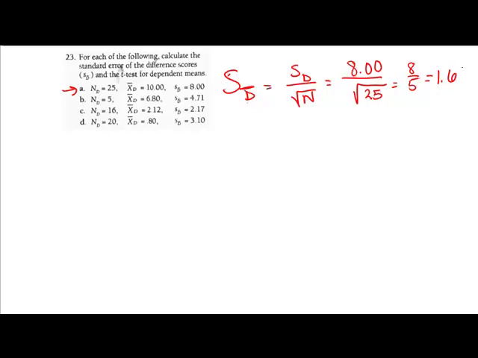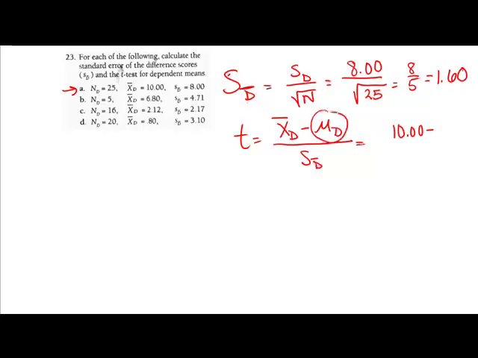to do our t-score. Two significant figures. T equals, we got a new t equation here. T equals our observed difference minus our hypothesized difference divided by the standard error. So our actual difference that we observed was 10.